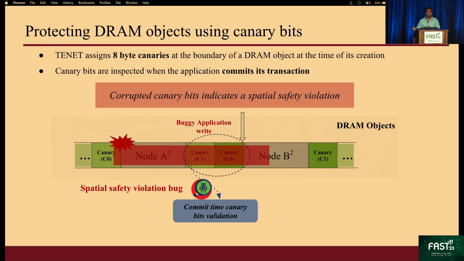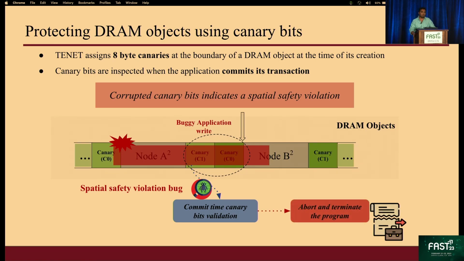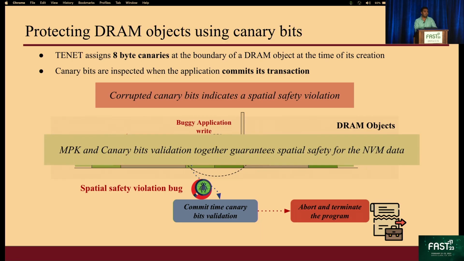So instead of writing back the DRAM object, TENET discards it, aborts, and terminates the program with a spatial safety violation exception. Overall, the read-only NVM using MPK and canary bits together guarantee spatial safety for the NVM data.